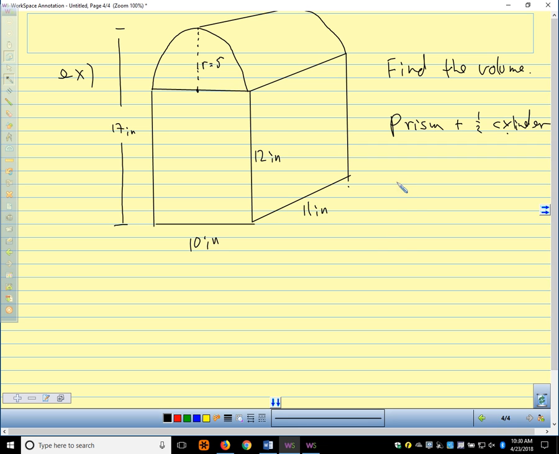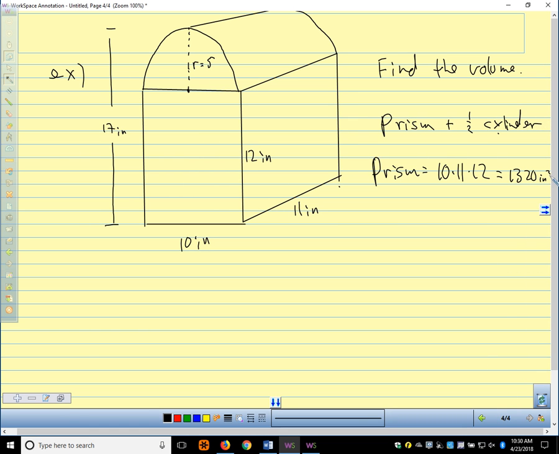We know the volume of the prism equals, we could think of length times width times height, area of the base times height, 10 times 11 times 12, which is 1320 cubic inches.